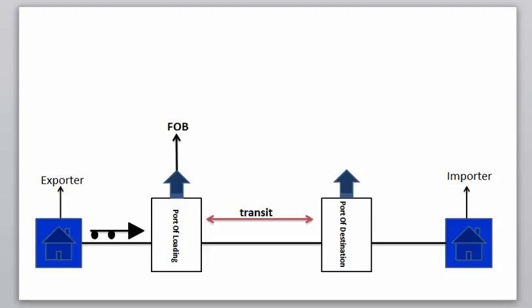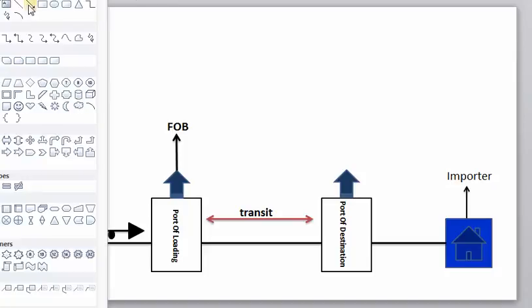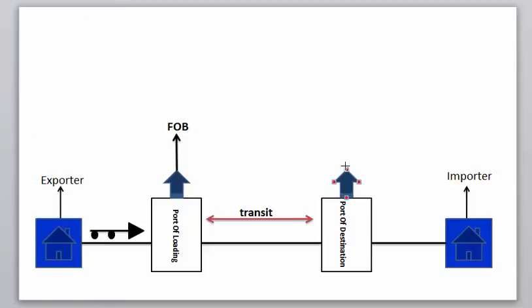Now before we go to CIF as well as CFR, let's have another arrow somewhere. When I say arrow, I'm talking about this. So we are going to put it down here and take it up. Okay, there you have it.